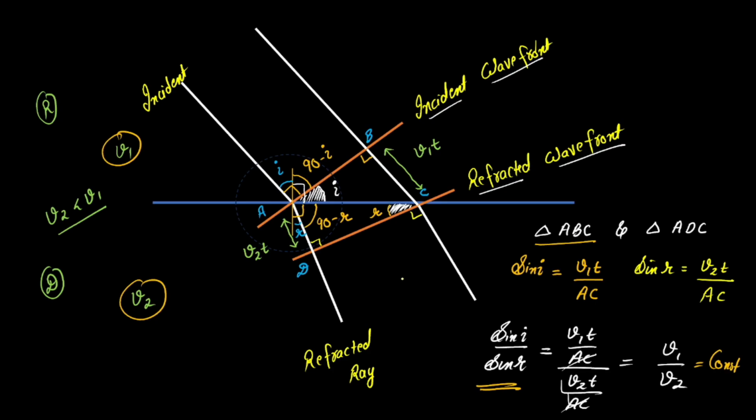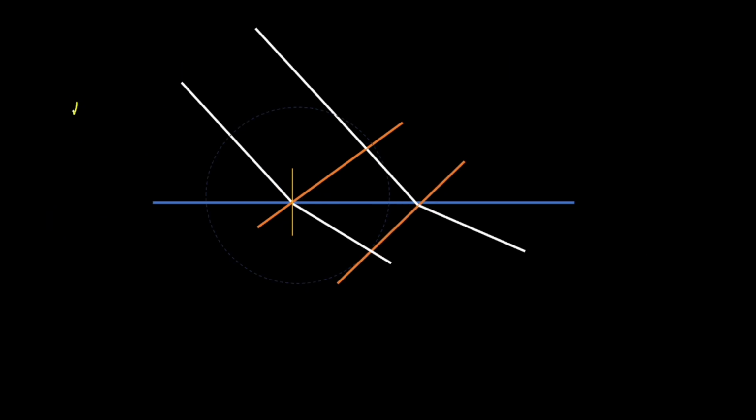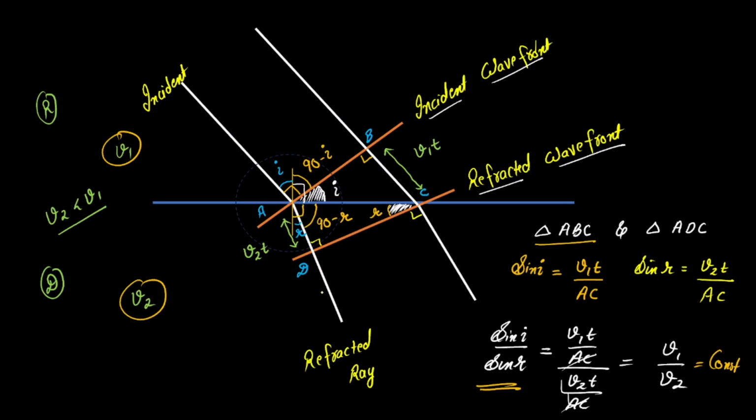In this derivation, we had taken the light coming from a rarer to a denser medium. We can also do the vice versa, with light coming from a denser to a rarer medium. All the things would be the same, but the only thing that would be different is the way the light is refracting. In the first case, the refracted ray was bending towards the normal.